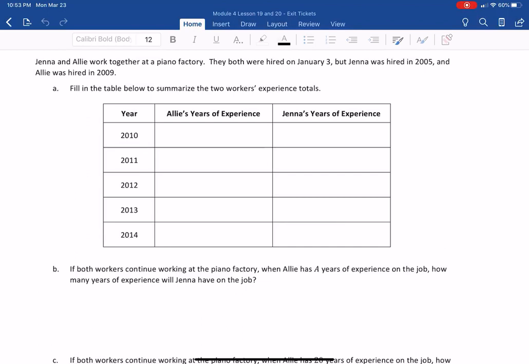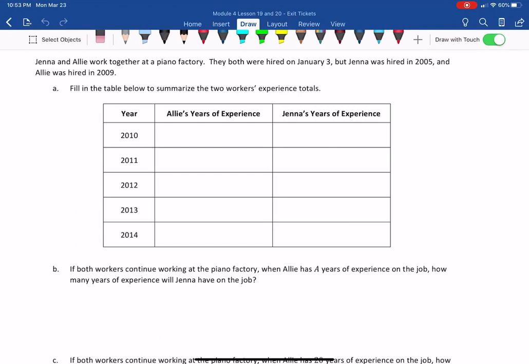It shows you here that they're working together at this piano factory. They both were hired on January 3rd, but Jenna was hired back in 2005 and Allie was hired in 2009. So Allie got hired later, more recent than Jenna.